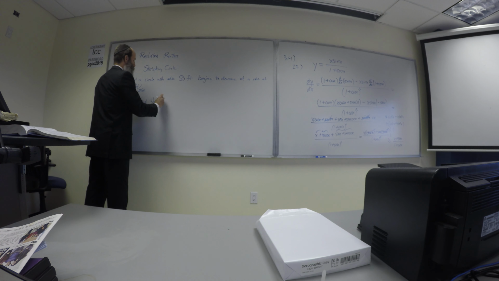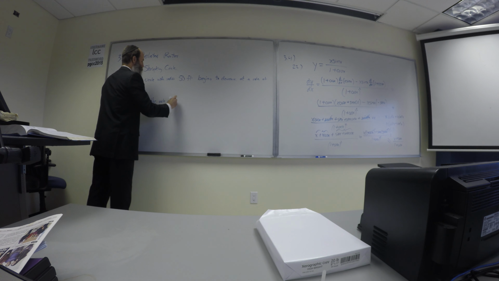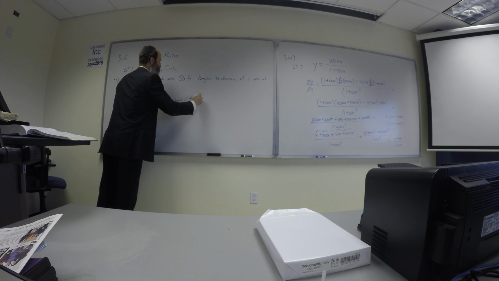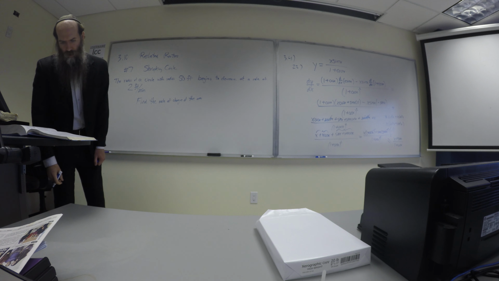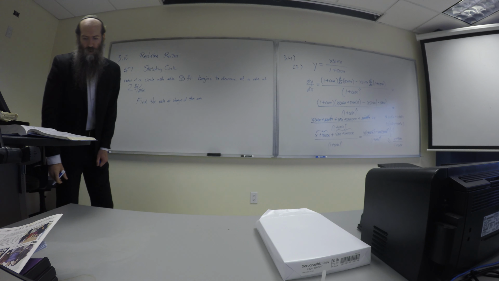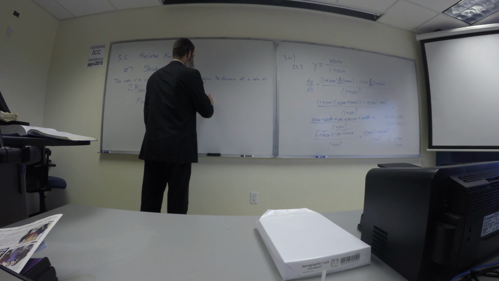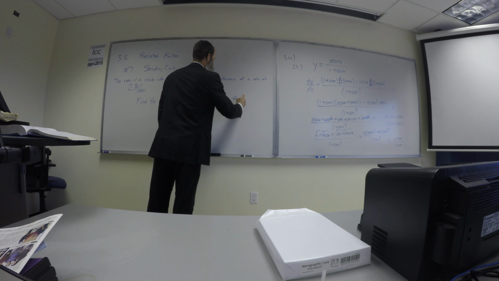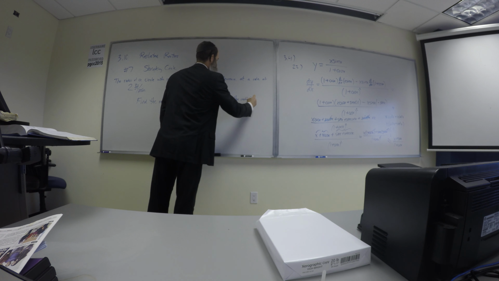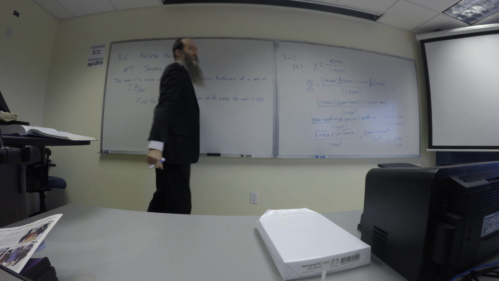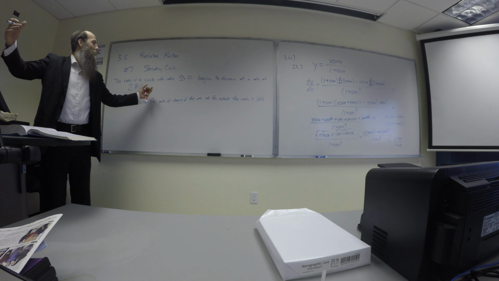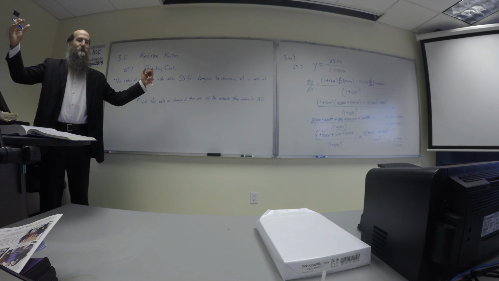Find the rate of change of the area at the instant the radius is 10 feet. The instant the radius is 10 feet. So you got this colossal circle, radius 50 feet. It starts to decrease at a constant 2 feet per minute.